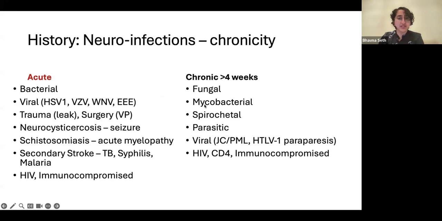Fungal chronic infections tend to be more mycobacterial, which you may see a lot, though they may often present in the acute form, especially if they have a new stroke or a new complication related to their underlying chronic meningitis. So that is also important to be aware of. And each of these can have superimposed complications that can land patients in your ICUs and make them more acute.